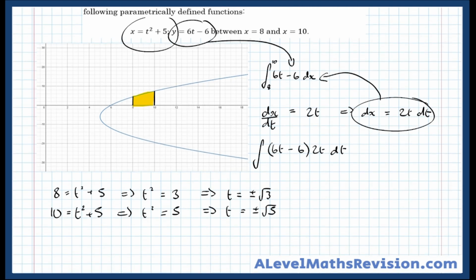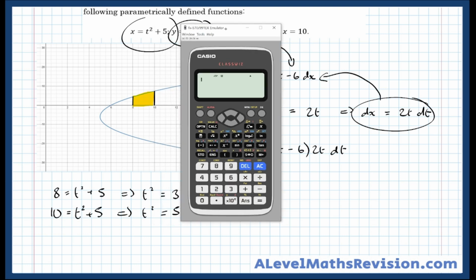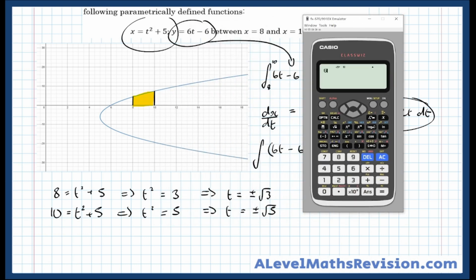So let's do a quick check. So 6 lots of root 3 minus 6 is indeed positive. If we use the minus root 3, clearly that will give a negative coordinate. Indeed it does.